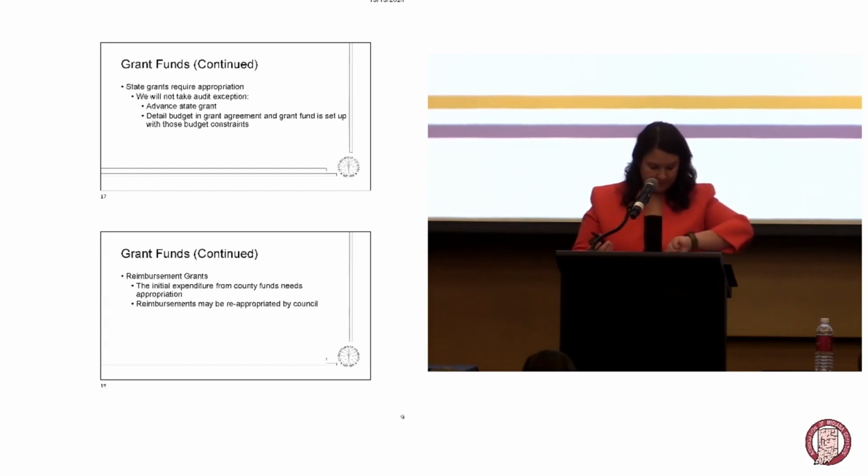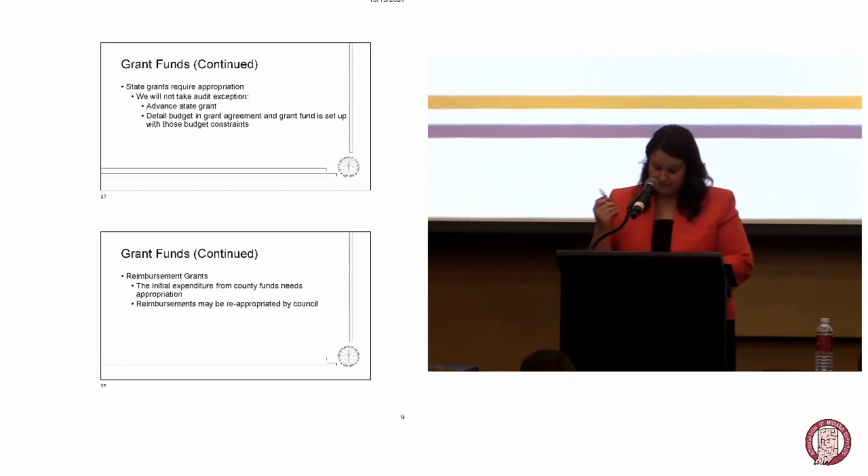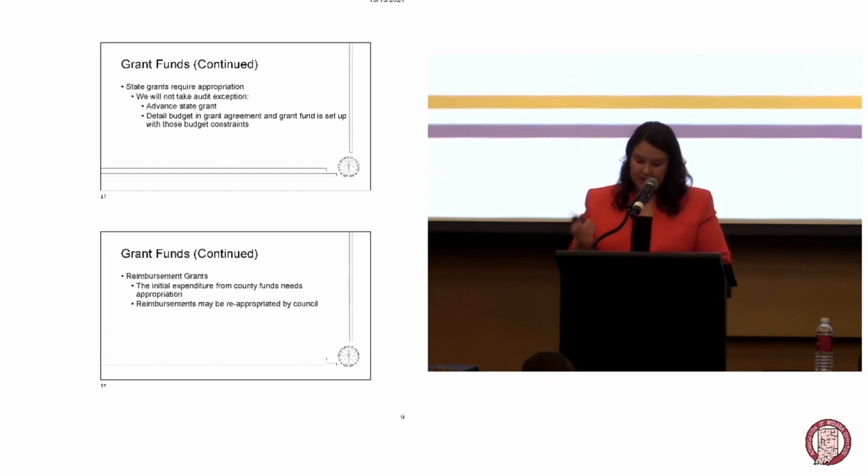Reimbursement grants. Okay, I need to speed up because I need to talk about encumbrances. Reimbursement grants: the initial expenditure from county funds needs appropriation. So again, it's reimbursement. You have to spend the county funds first, then you receive reimbursement for those.